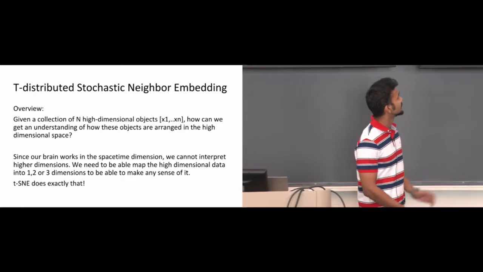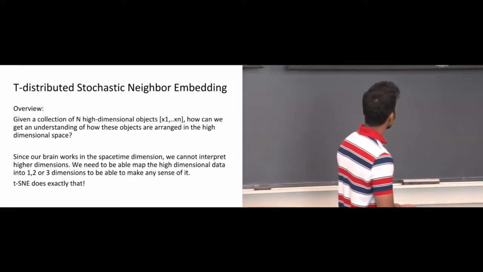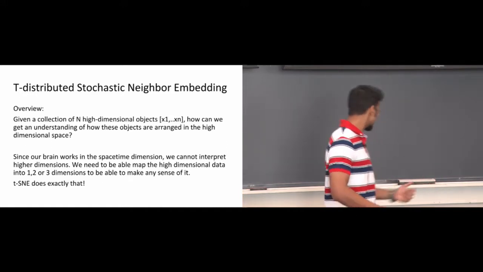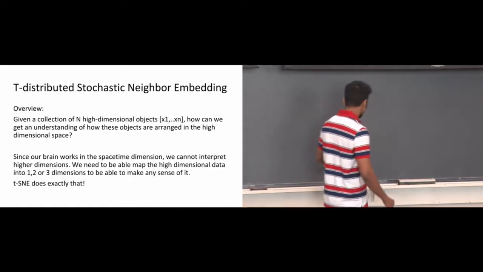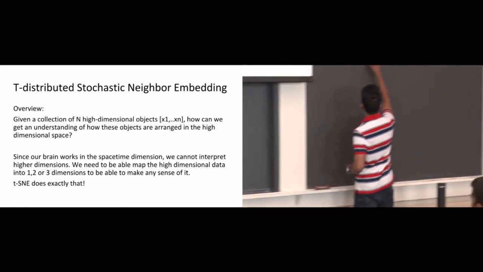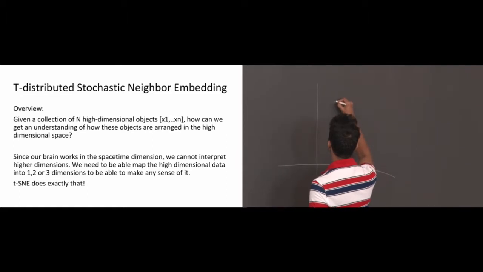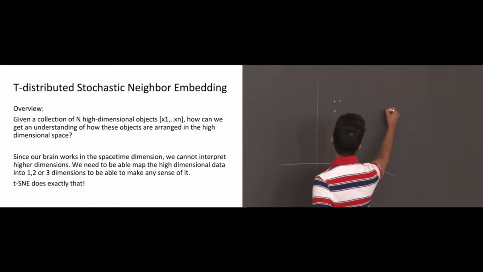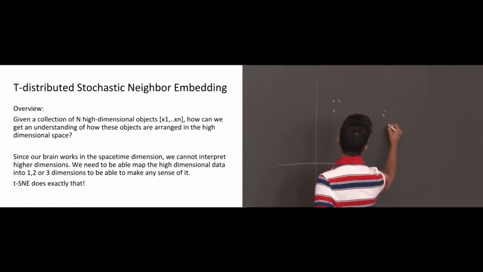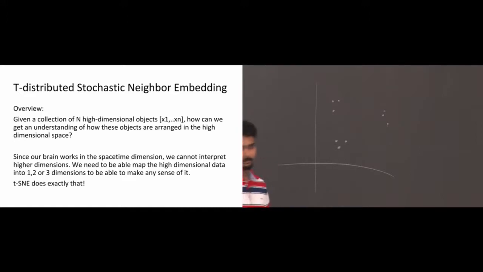t-SNE is a t-distributed stochastic neighbor embedding. This is a very slow method. Can you guys see it?